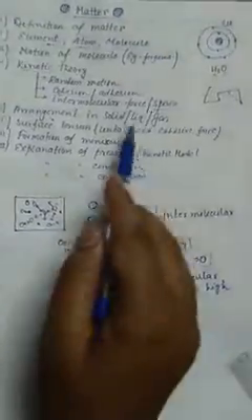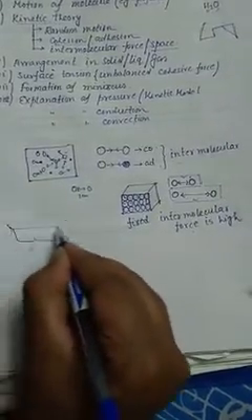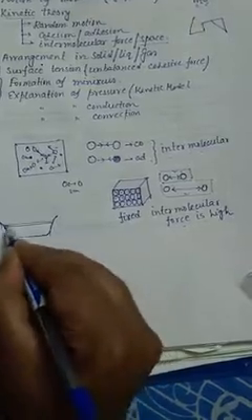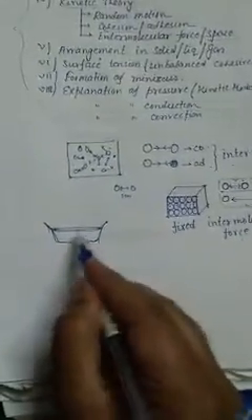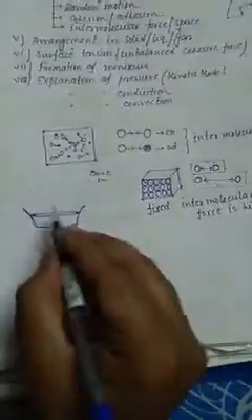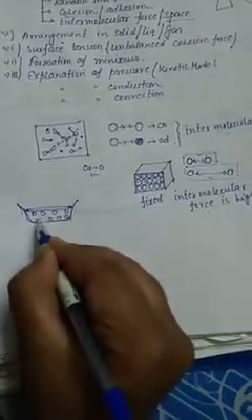Okay, next, liquid. What about liquid? So we know, let's say this is a bowl and some liquid is here. What type of liquid? Let's say hand sanitizer. This is a very important liquid nowadays. So there are some molecules of that hand sanitizer and you can pour it in your hand.